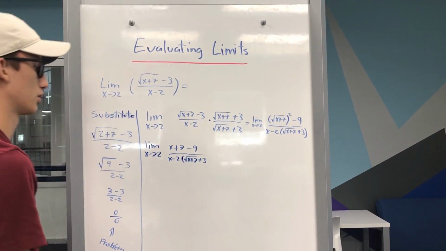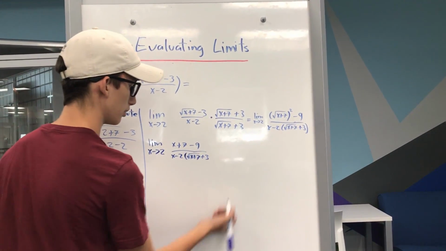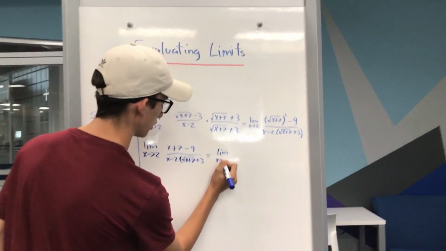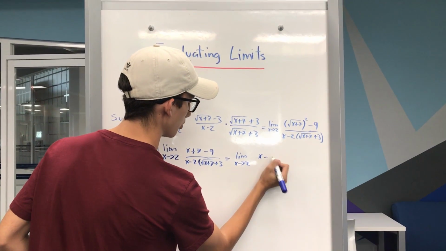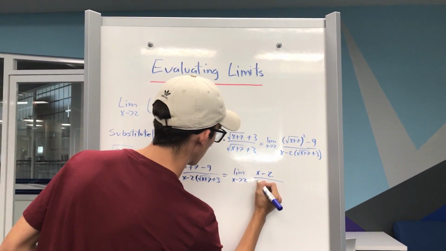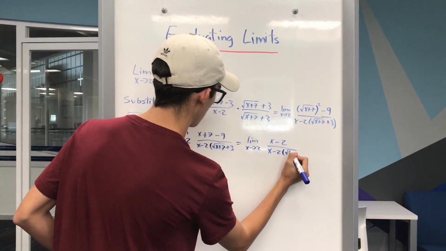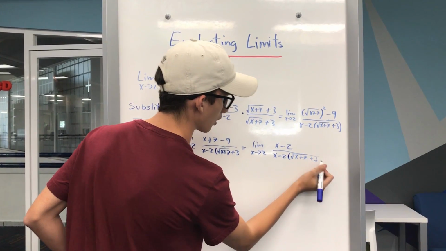Okay, so we're going to simplify this 7 minus 9, which is going to be equal to the limit as x approaches 2 of x minus 2 over x minus 2 times the square root of x plus 7 plus 3.